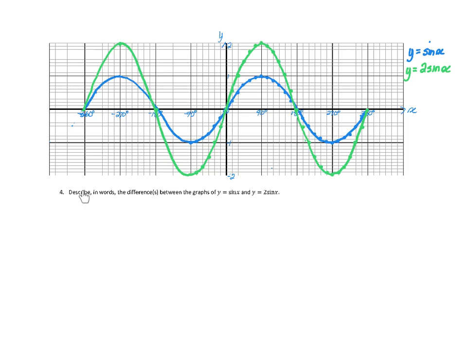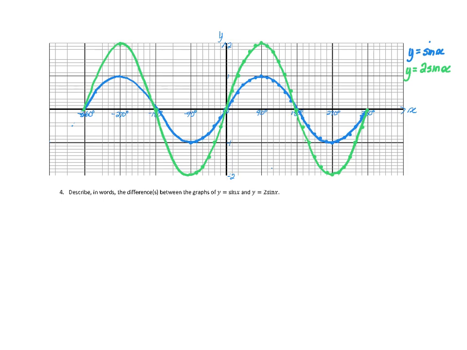In question 4, you had to describe in words the differences between the graph of y equal to sine x and the graph of y equal to 2 sine x, the blue graph and the green graph. You could have said this in any number of ways. Some of you might have said that the green graph had been stretched to negative 2 and up to 2.